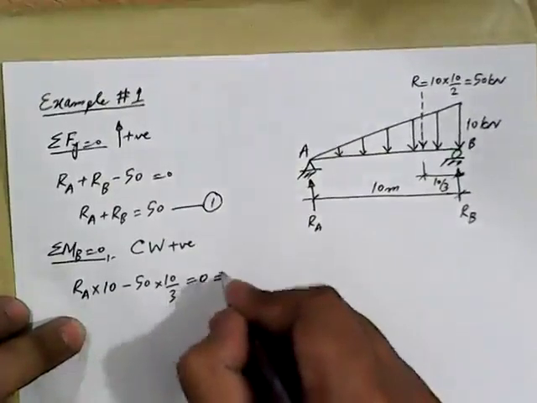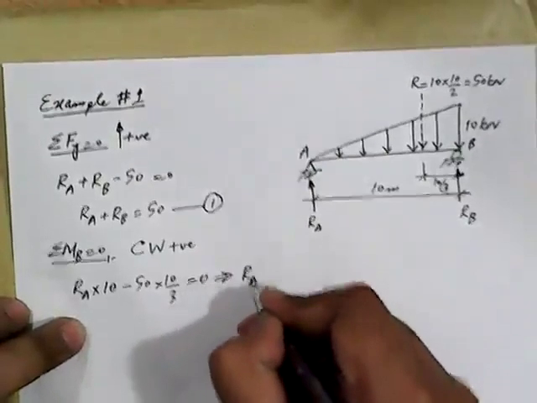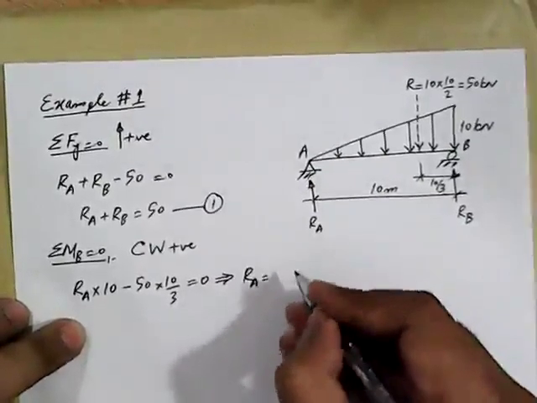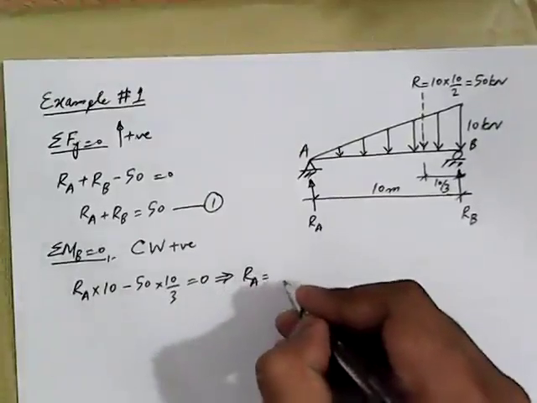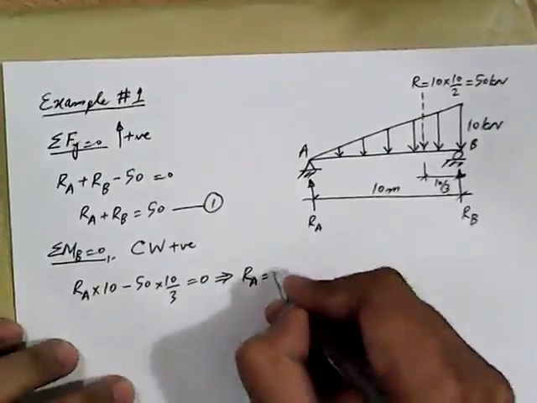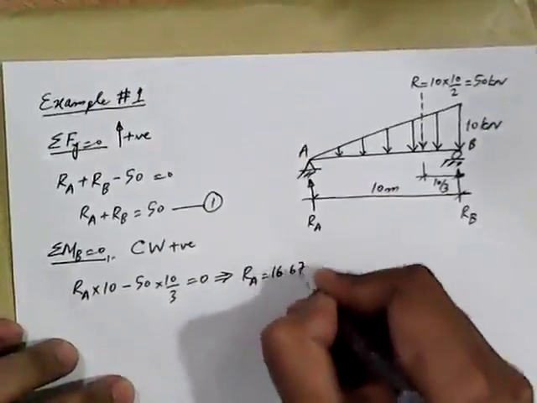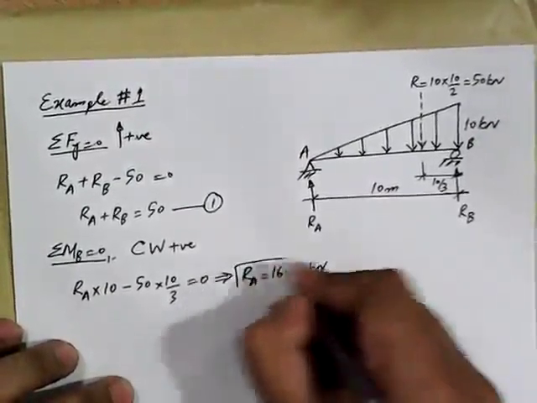If I solve this equation, I get RA equal to 16.67 kilonewton. So this is the value of RA.